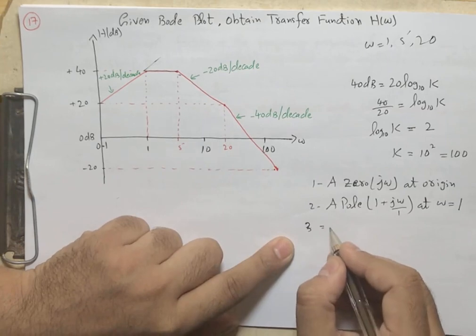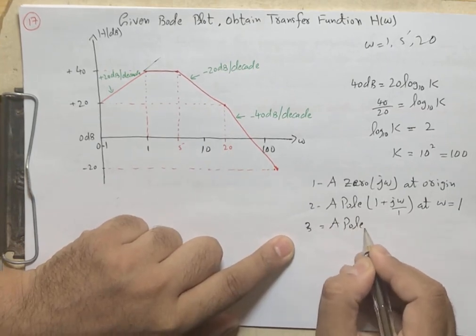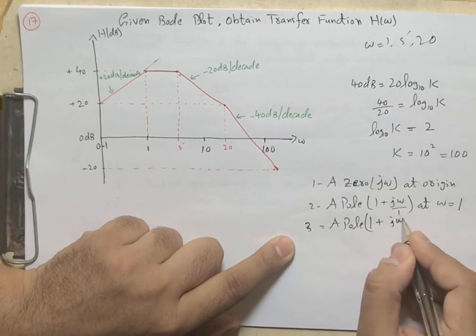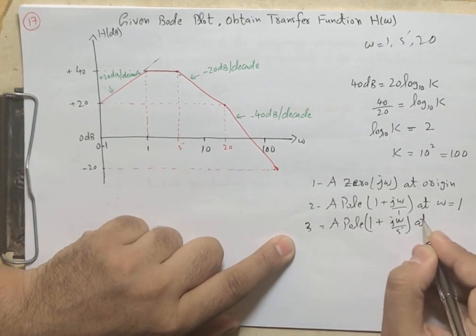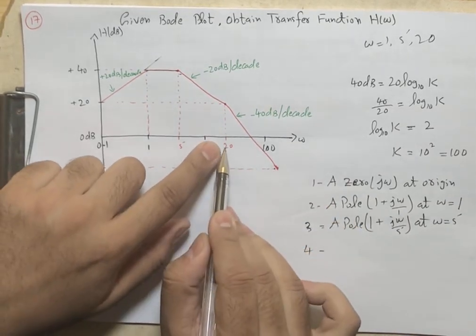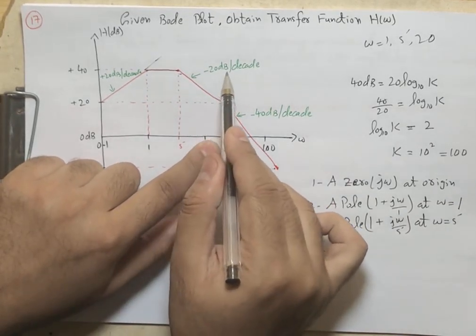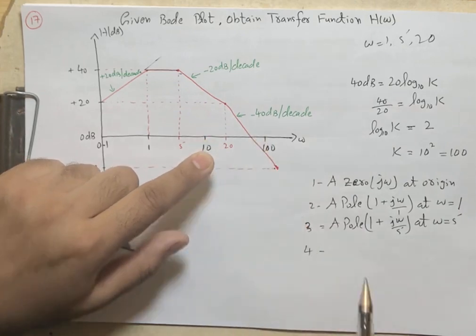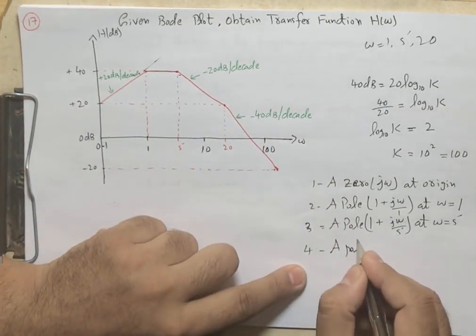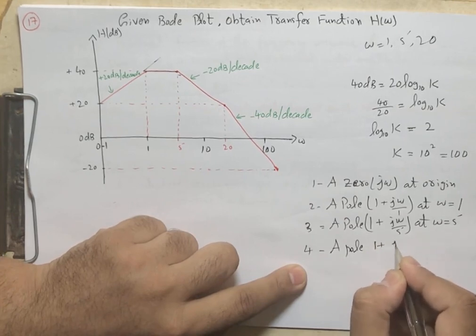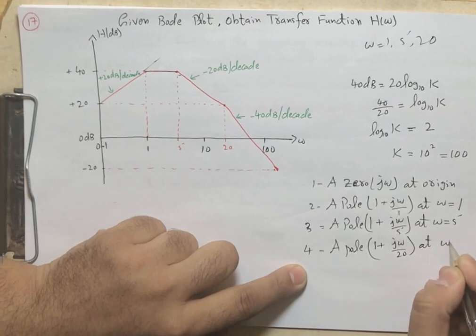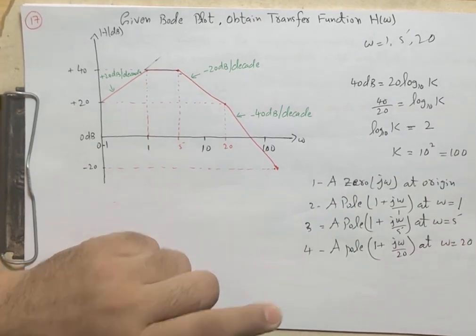So there is another pole, 1 plus j omega over 5, at omega is equal to 5, and again at 20 the slope is again added up minus 20 dB. So you have a pole 1 plus j omega over 20 at omega is equal to 20 over here.